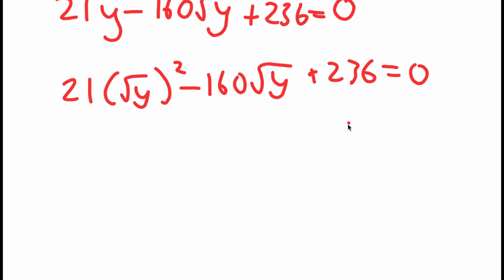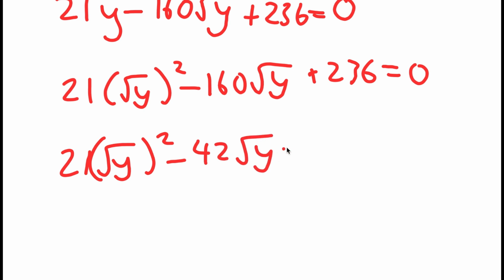And the reason I did that is because now I can factor. I can rewrite negative 160 root y as negative 42 root y minus 118 root y plus 236 is equal to 0.